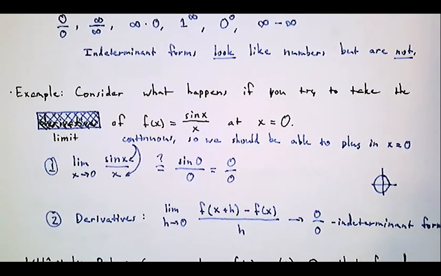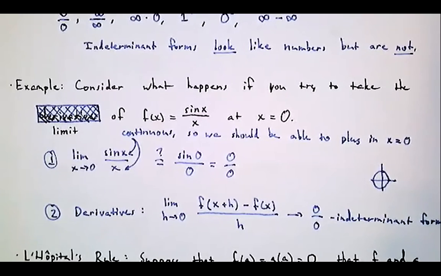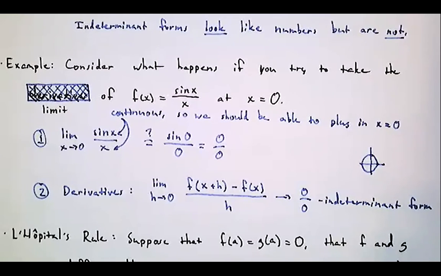So thinking back to your Calculus 1 class, what did you usually have to do if you were trying to find a derivative by hand, like this, using the definition? What was your strategy? Anyone remember?